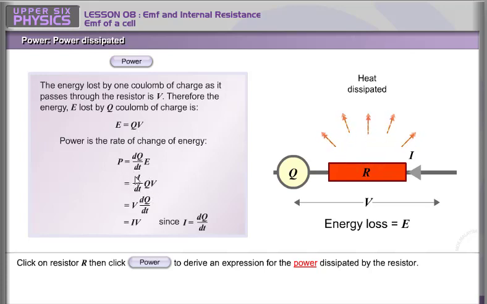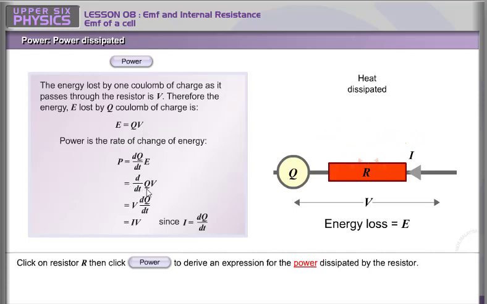Are you following me? This is supposed to be dE over dt. So we replace E with QV, then you get this.